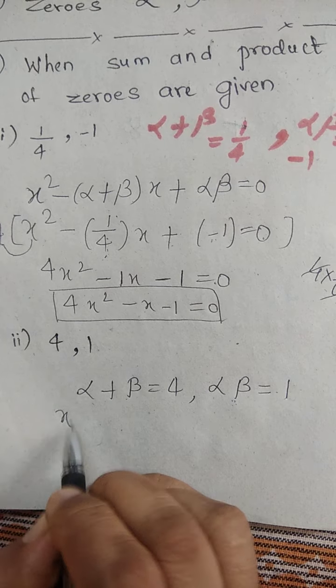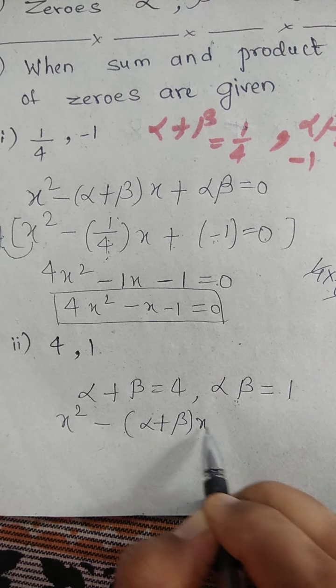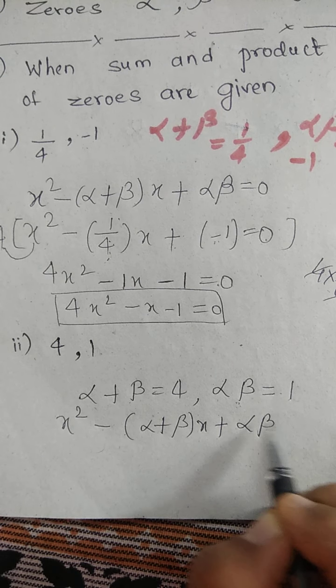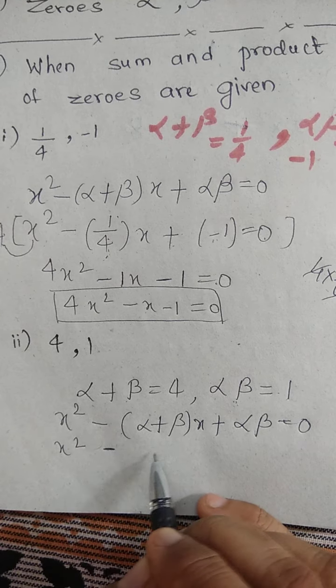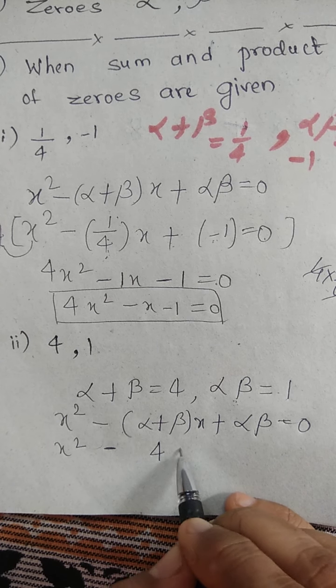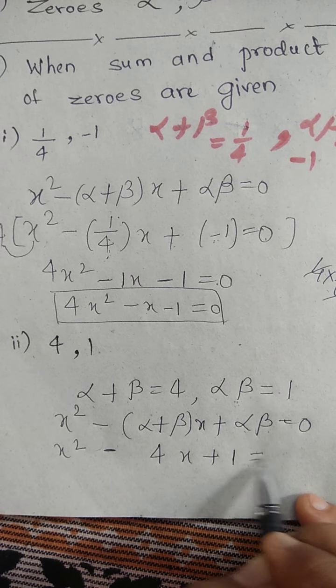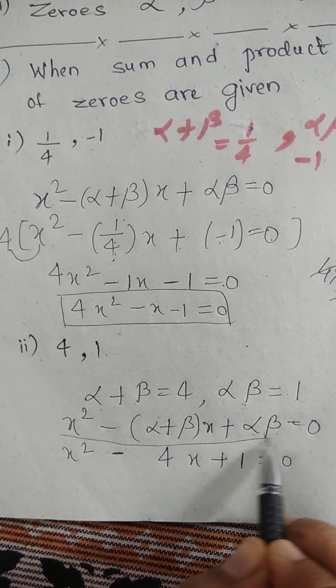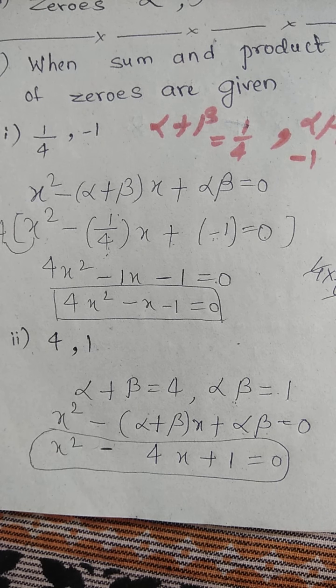So write the general form, x square minus (alpha plus beta) x plus alpha beta equal to 0. So x square minus alpha plus beta, which is 4, x plus alpha into beta, which is given as 1, equal to 0. So this is the quadratic equation when sum of roots is given as 4 and the product of roots is given as 1.